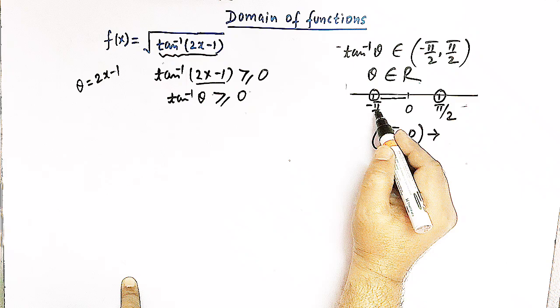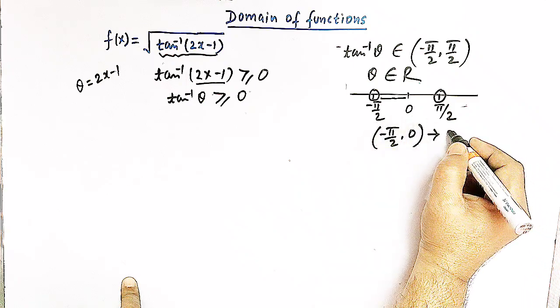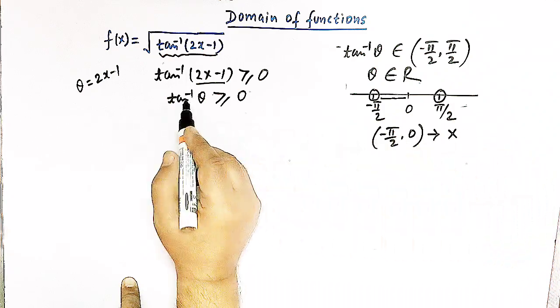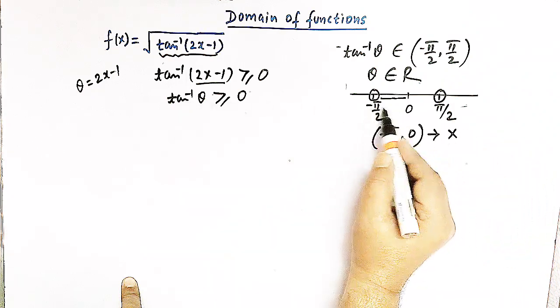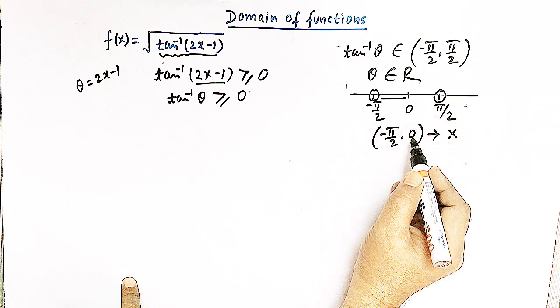So the interval minus pi by 2 to 0 has to be discarded.